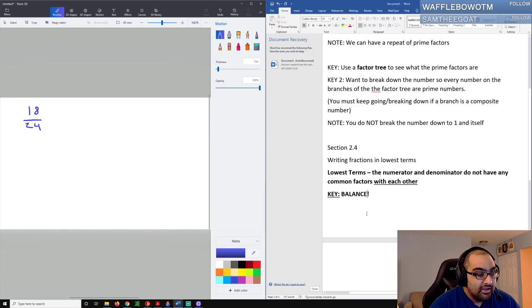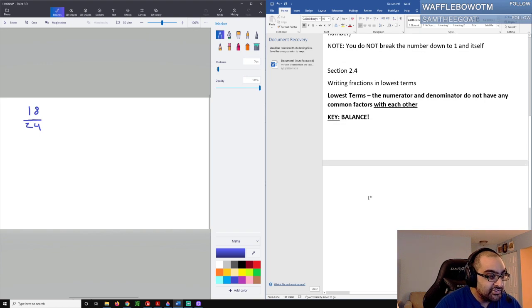And what we want to do is find the common factor that we can divide by on both the numerator and denominator to reduce the fraction.